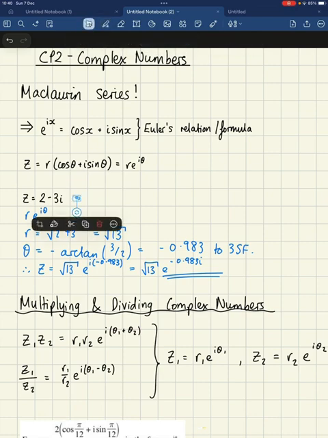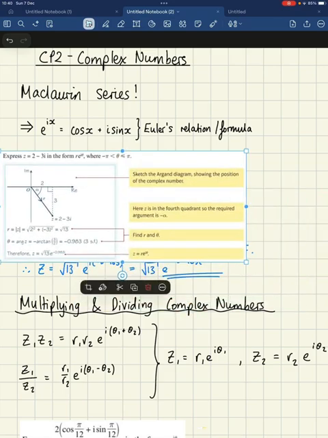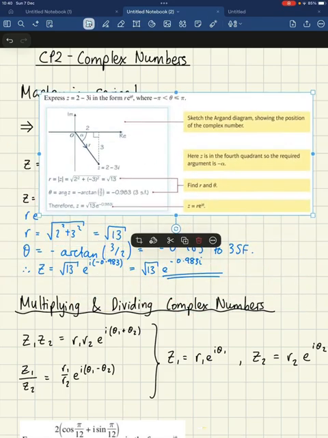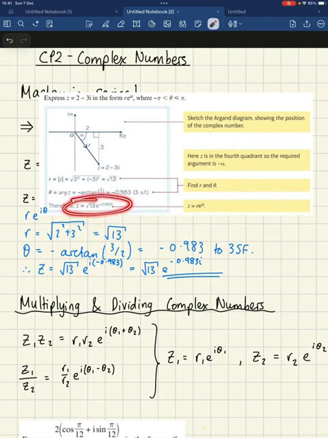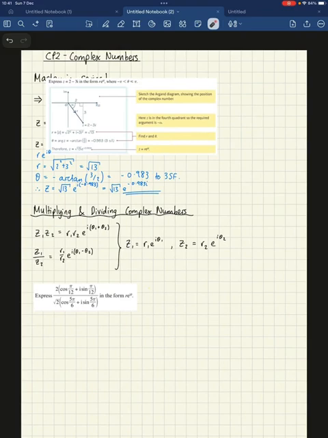Now I've got the answer here, so you can check this and we get the same thing. Correct. So, that's the first part of the chapter done. It's just being able to convert from Cartesian, your x plus iy, to polar form.